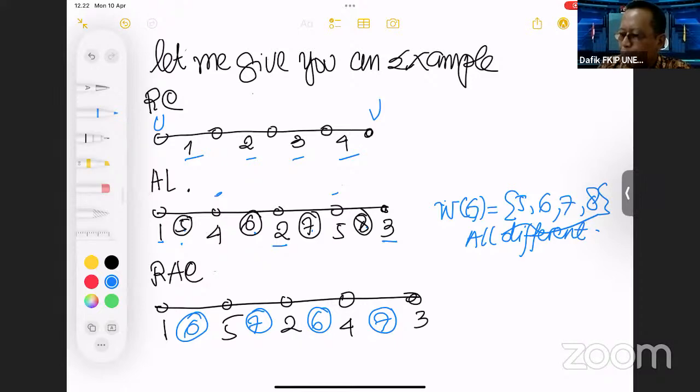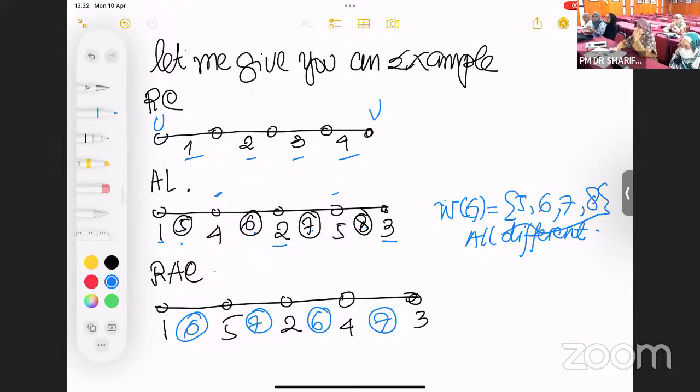Now we do not put 4 here, but we start 4 here, 4 and 5. My question to the students: does this graph admit a rainbow antimagic coloring?